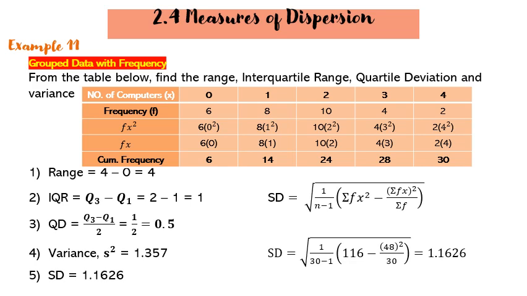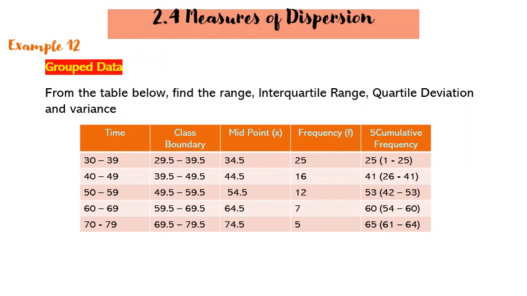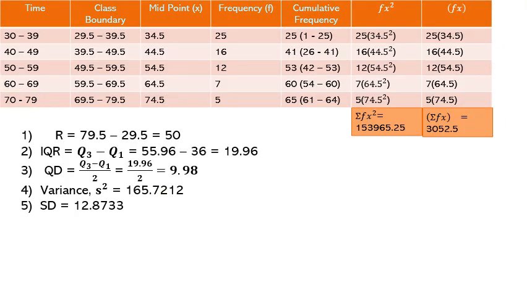Okay. Next, we go to the example of grouped data. From the table below, find the range, interquartile range, quartile deviation, and variance. So the solution. For question 1, how to find the range?